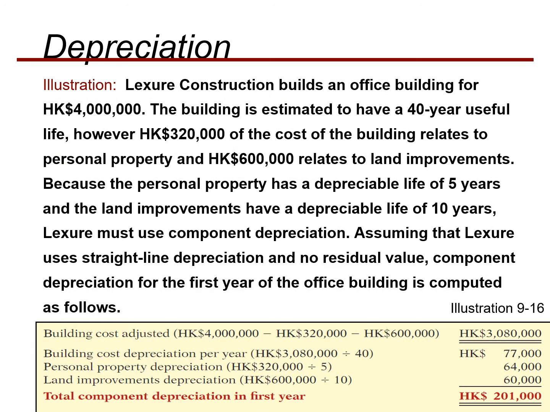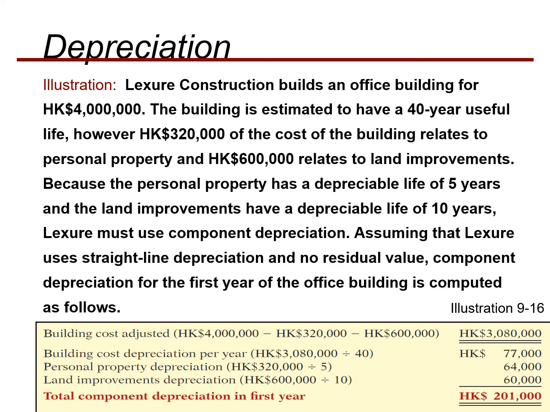The concept can be explained with the help of this example. First, we look into the question. Leisure Construction builds an office building for Hong Kong dollars 4 million. The building is estimated to have a 40-year useful life. However, HK$320,000 of the cost of the building relates to personal property, and 6 lakhs relates to land improvement.